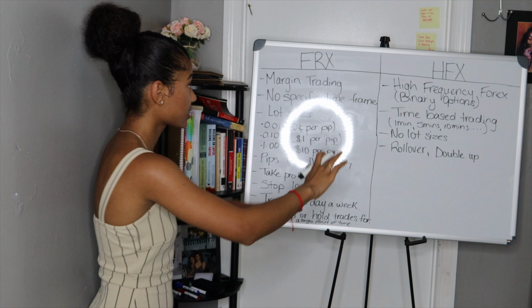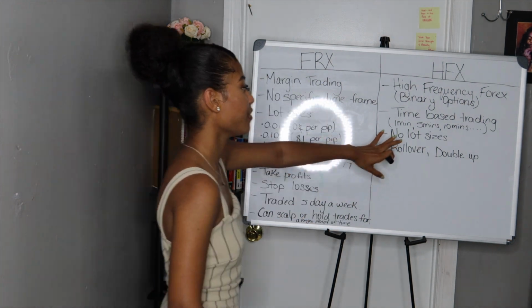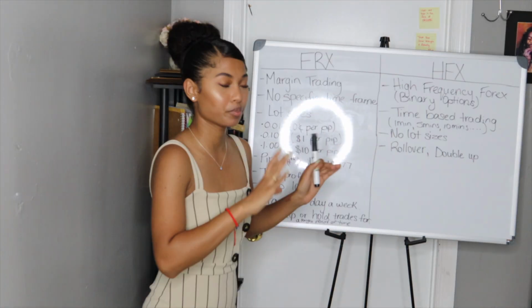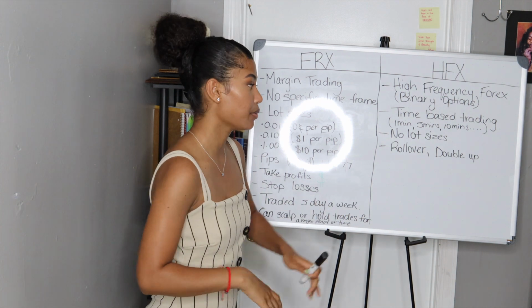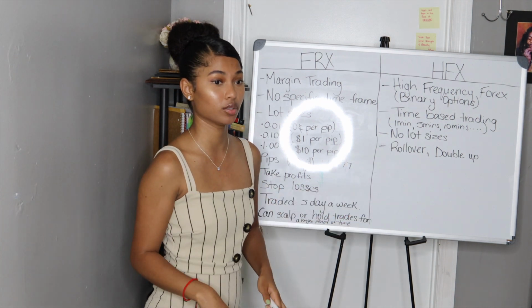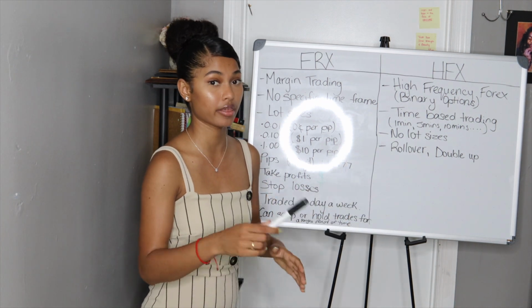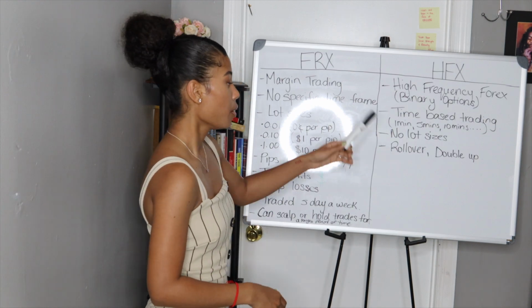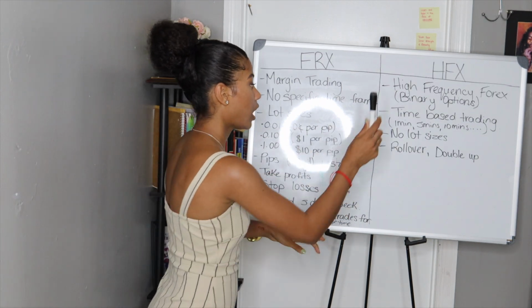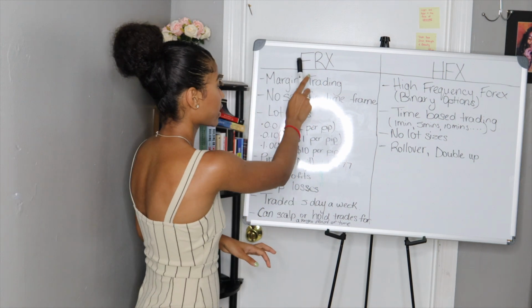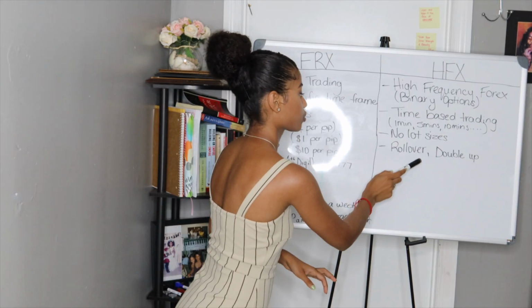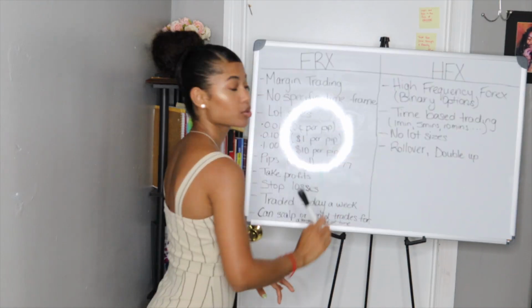Which FRX does not have. I'm not gonna go in depth because I do have a video up on my channel that goes really in depth with HFX and what it is exactly. But just to go over this a little bit, FRX does not have an option to roll over, and it does not have an option to double up.